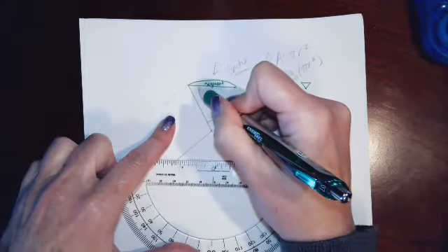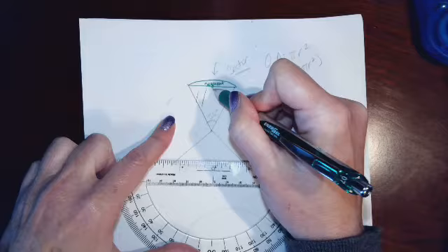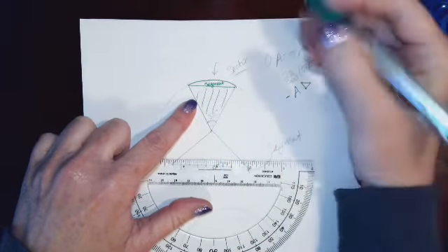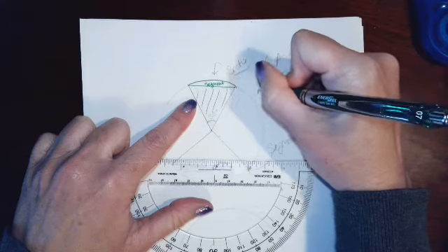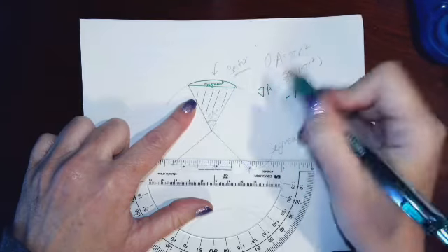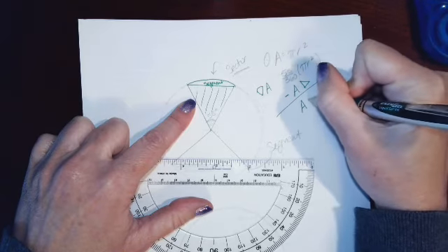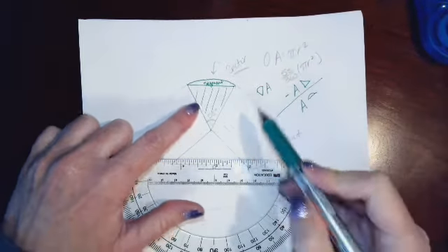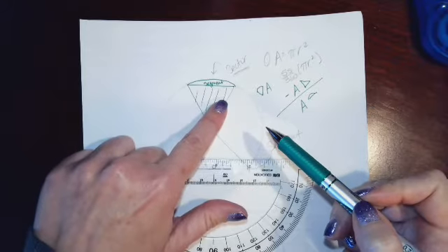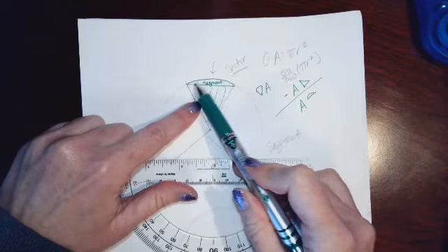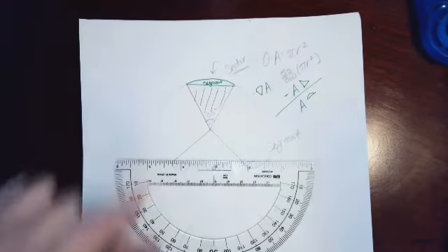So this triangle here, if I take this area out of the area of the sector, the area of the sector minus the area of the triangle gives the area of the segment. I start with the area of the whole thing, I figure out the area of this triangle, and I subtract it, and what's left is the area of this little segment.